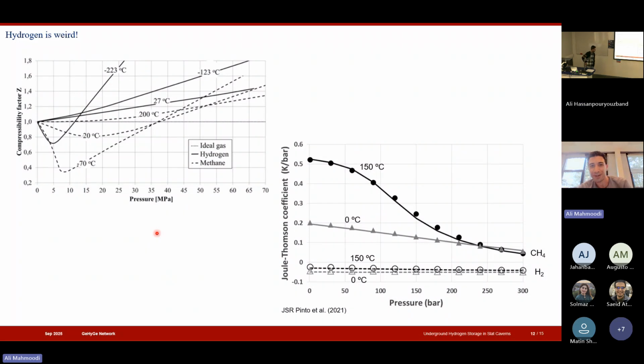Whenever I present this to my petroleum engineering colleagues who don't have much experience with hydrogen, they always question this. Are you sure that hydrogen has a negative Joule-Thomson coefficient? Yes, I'm pretty sure. If you look for it, you can see a lot of interesting material, both about the compressibility factor that never goes below 1, and about the Joule-Thomson coefficient that is mainly below 0.